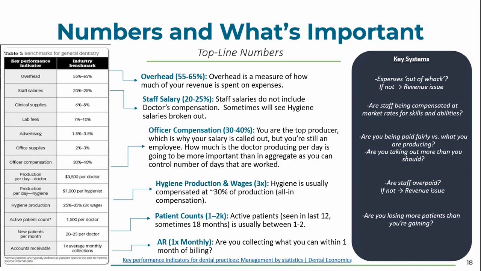Eventually it rolls to 60 to 90 days, 90 plus days, and at some point are you going to go back and try to collect $15 from somebody you saw 2 or 3 years ago? Probably not. You're probably just going to write it off. So that ultimately eats into your revenue and collections overall. What this helps you understand is whether your billing team is collecting effectively and efficiently.